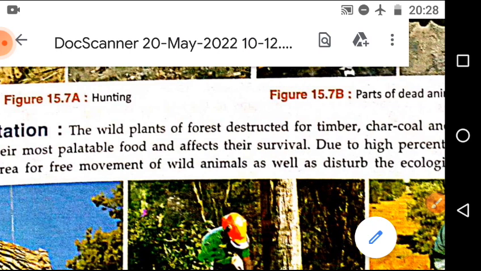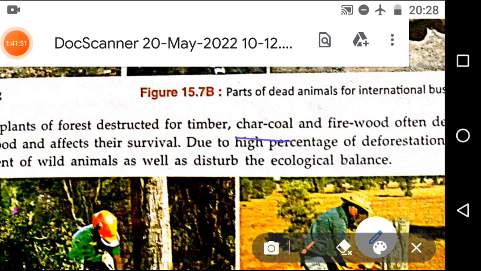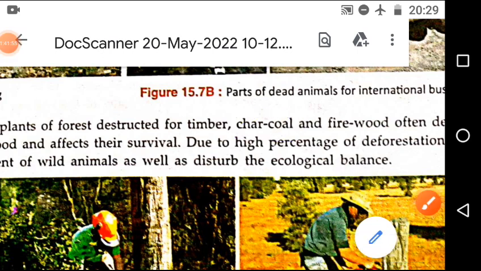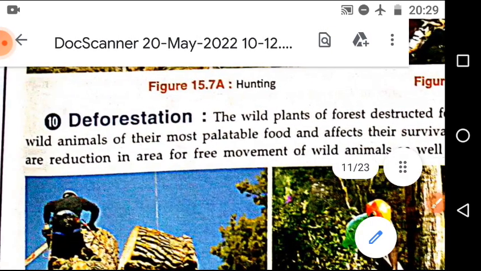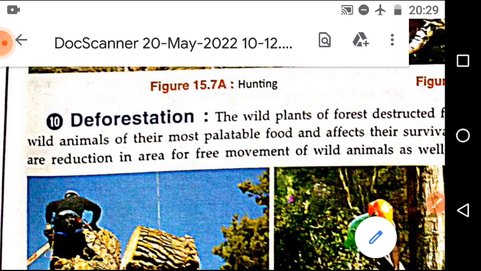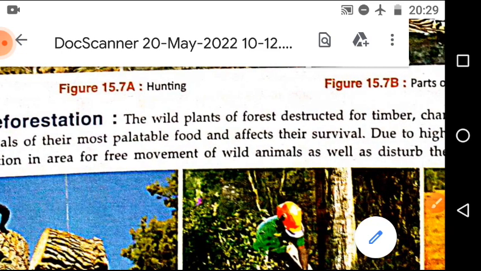Then charcoal, in Bengali we say katkoela, used for burning purposes. So as we are cutting down the forest for our own benefit, the wild animals which are dependent on that particular forest, on those particular plants, do not benefit, they lose their food.